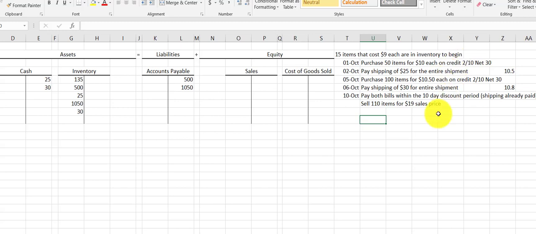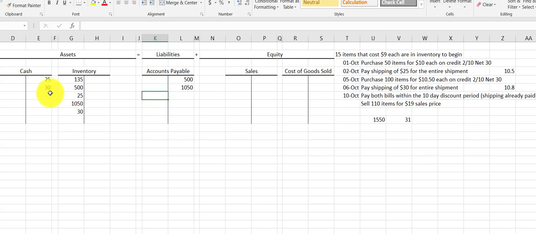So we're going to take that $1,550 and multiply it by 0.02, which is $31. We're going to take a discount of $31 when we pay for this.